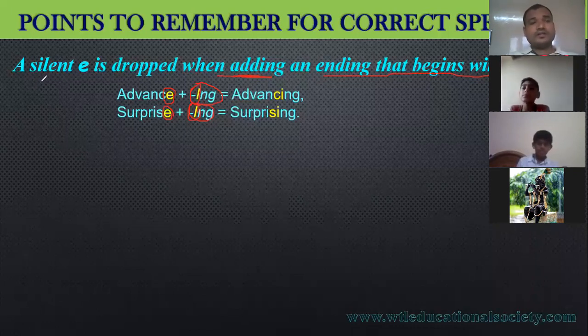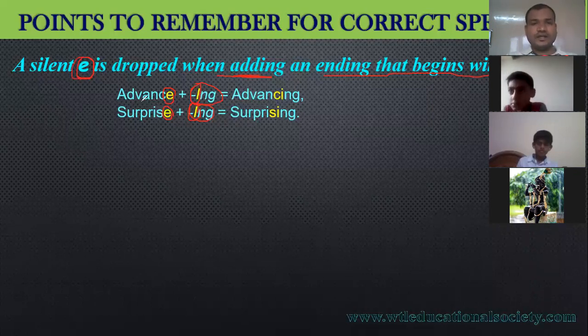So a silent E is dropped when adding an ending that begins with a vowel. The word ends with the letter E, and we are adding an ending starting with a vowel letter, that is I. So in this case, we are supposed to drop the letter E from the spelling.